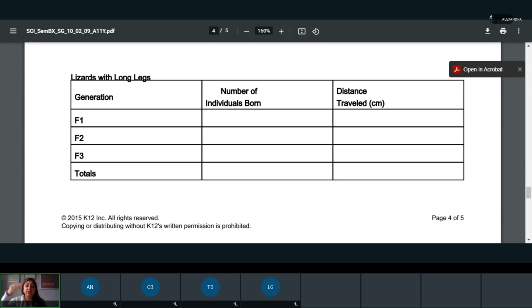So for every individual born, you do 1 roll. Yeah. So for every individual that's born, you do 1 roll. So like, for example, I had 4 people born with the short legs. So I rolled my short leg 4 times. And I had 2 people born with the long leg. So I'm going to roll my long leg 2 times.